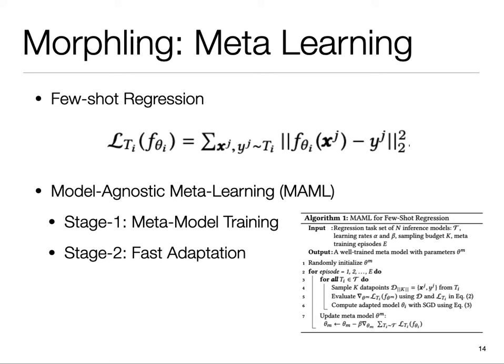To be more specific, we use the recently developed model-agnostic meta-learning, aka MAML, technique. Morphling trains the meta model offline to capture this general trend, and uses this model as the initialization of the learning or search process. Given a new inference service, Morphling performs online few-shot learning to adapt this model to the new one and uses this to guide the following search process.